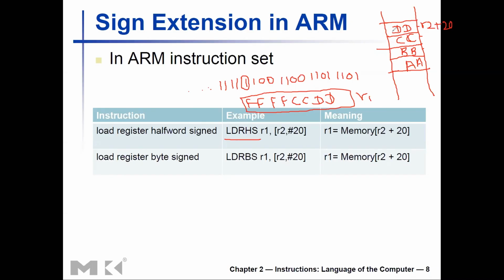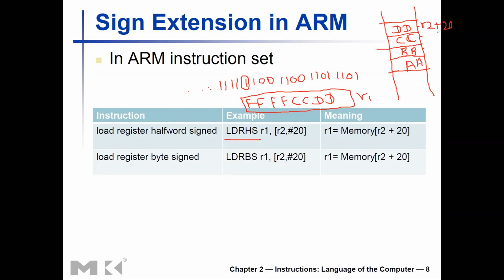And when we are specifying these things in LDR and STR instructions, what we are telling is the memory location we need to access. That is the starting memory location of the memory we are accessing.